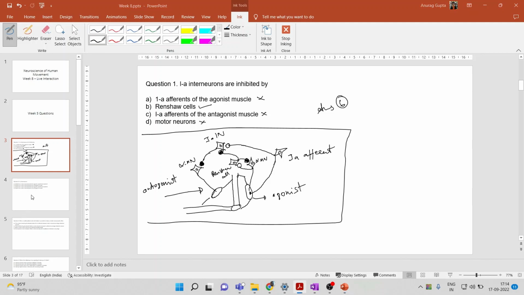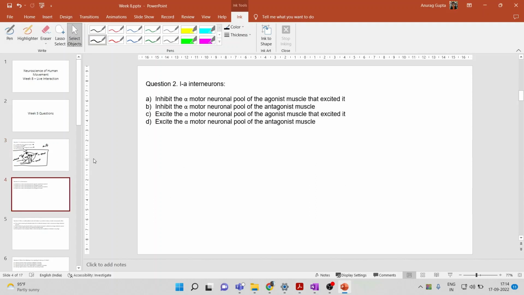Moving on to the next question. Question 2. 1A interneurons: A, inhibit the alpha motor neuronal pool of the agonist muscle that excited it; B, inhibit the alpha motor neuronal pool of the antagonist muscle; C, excite the alpha motor neuronal pool of the agonist muscle that excited it; or D, excite the alpha motor neuronal pool of the antagonist muscle.